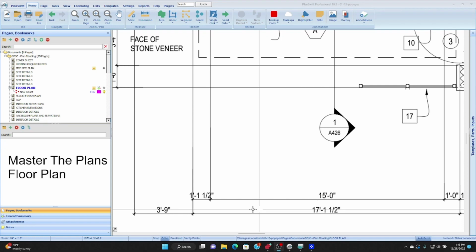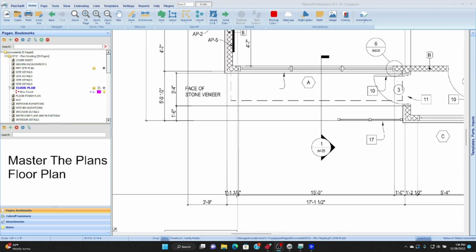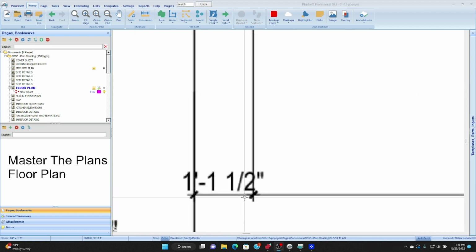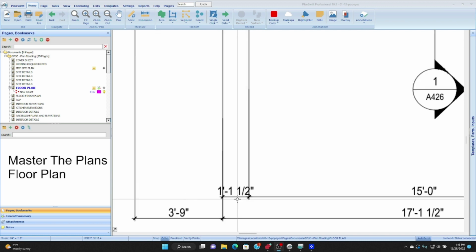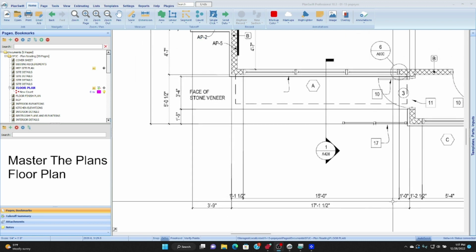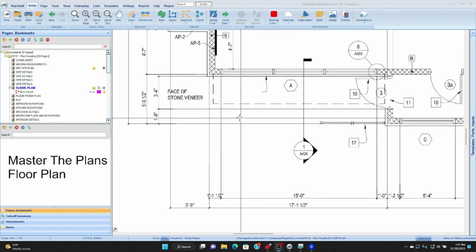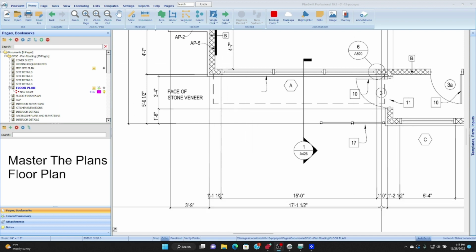The way we read these lines is from hash mark, which is that diagonal little mark that crosses the horizontal and the vertical, from hash mark on one end to hash mark on the other end. Okay, and the number in the middle is the length. And so we can relate that length, 15 feet, one parallel length, to the parallel length of the window. And so we know that these windows are 15 feet in length.